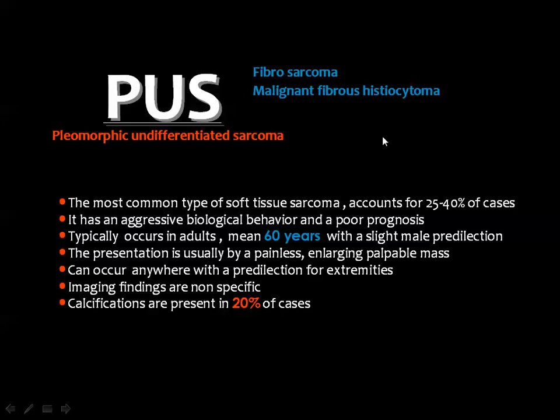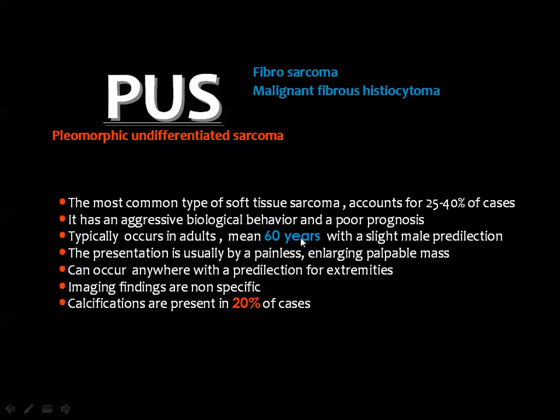Then both adult fibrosarcoma and malignant fibrous histiocytoma are included under this name, pleomorphic undifferentiated sarcoma. This is considered the most common type of soft tissue sarcomas, and it reaches about 40% of these tumors. It has an aggressive biological behavior with poor prognosis.